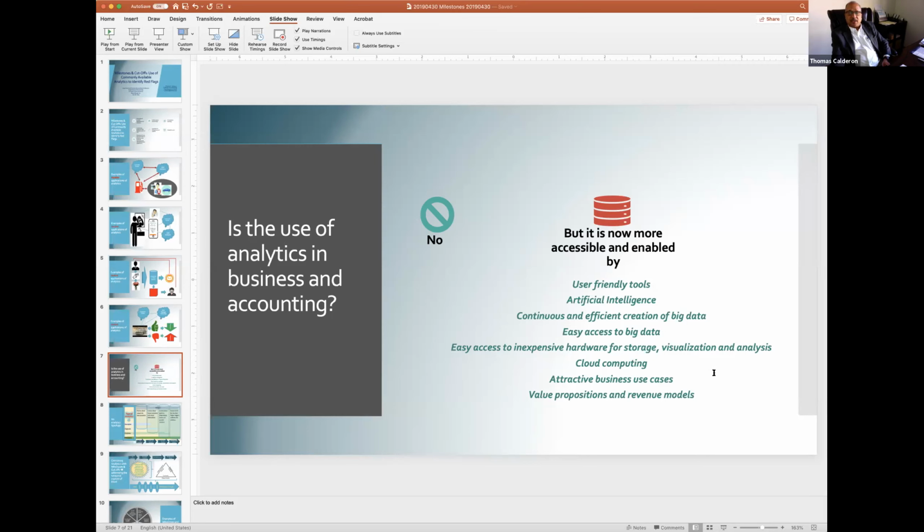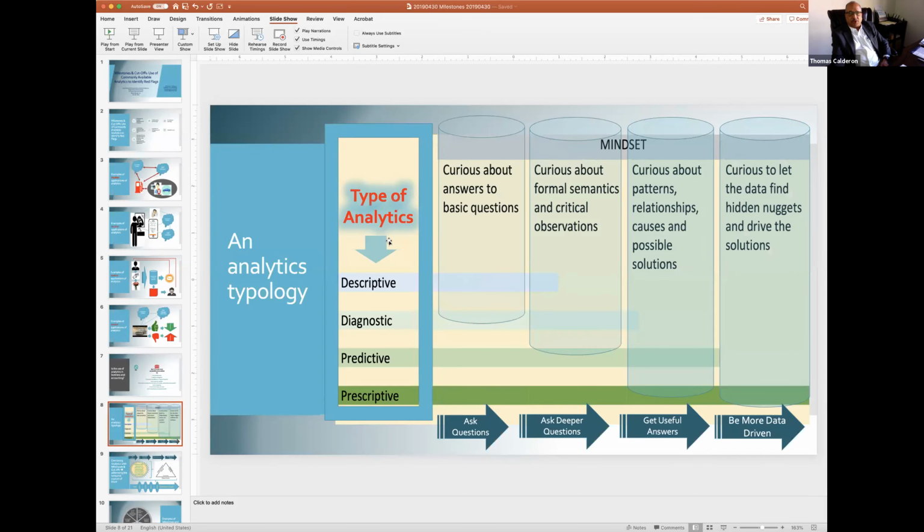Now, these business cases usually have very significant value propositions and they constitute the basis for revenue models. In accounting, much of what we have talked about here can be applied. Before I get into applications in fraud risk assessment, let's look at a little analytics typology, because this typology is going to help us in terms of identifying the capabilities of analytics.